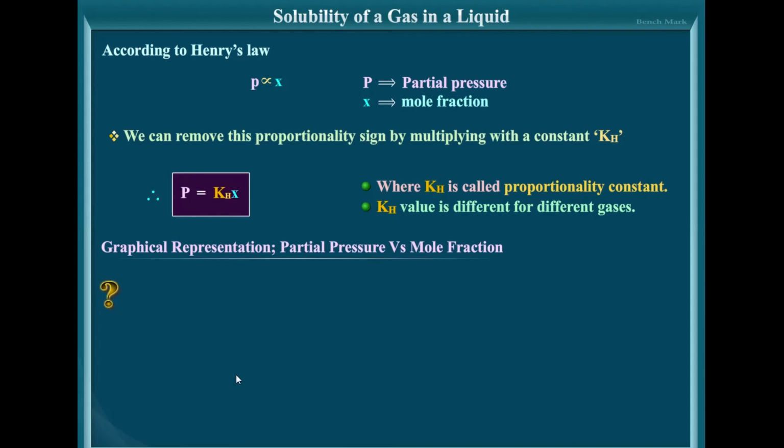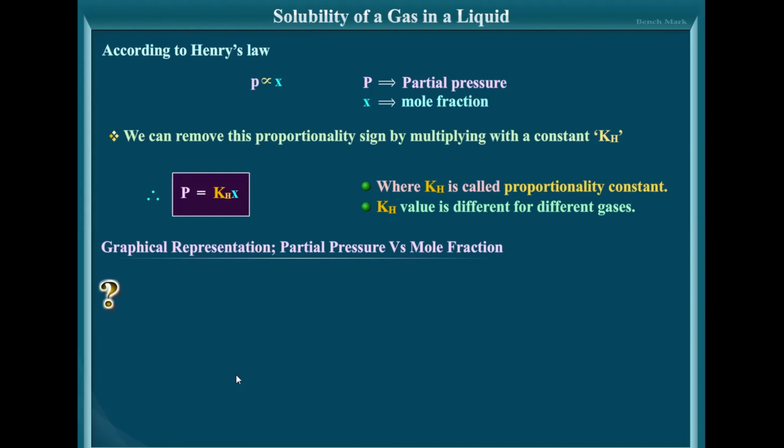The knowledge of the Kh value of a gas at a given temperature can help us in the calculation of its solubility at that temperature. It is very important to note that as the temperature is increased, the solubility of the gas decreases. So this implies that higher the value of Kh of a gas, lower will be the solubility and vice versa.